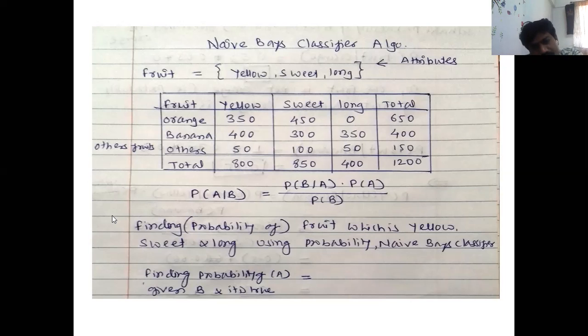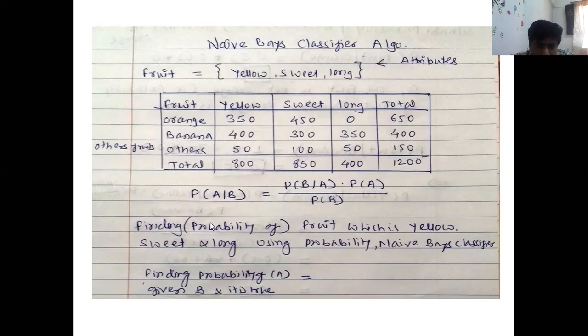It is the probability of A given B, where B is the already occurred event, equal to probability of B given A, where A is the already occurred event, into probability of A divided by probability of B. So we are finding the probability of a fruit which is yellow, sweet and long using probability. That is the naive Bayes classifier. Okay.